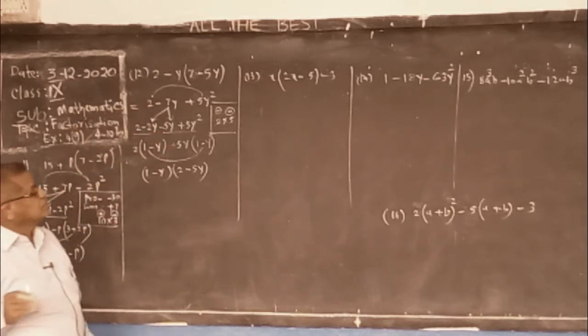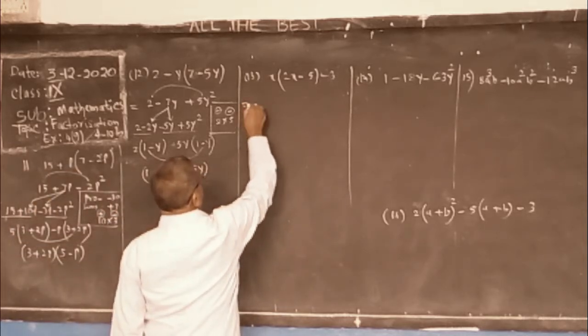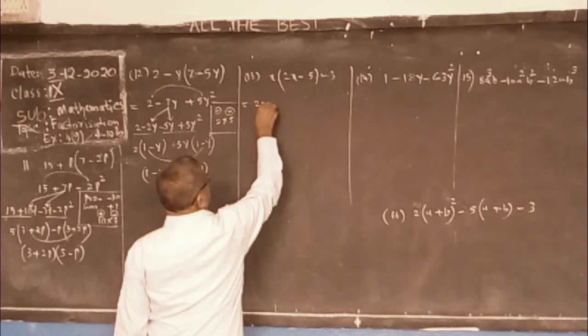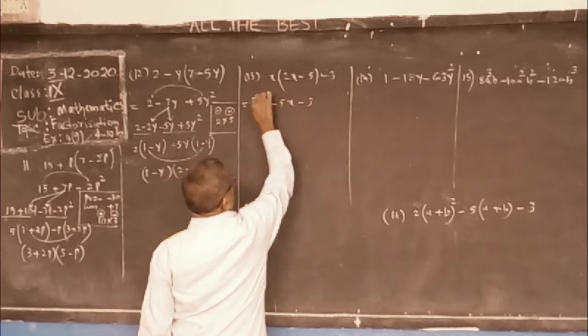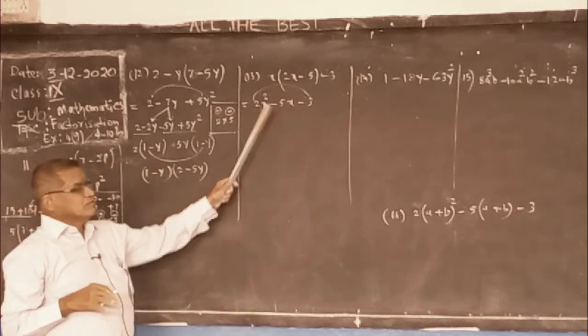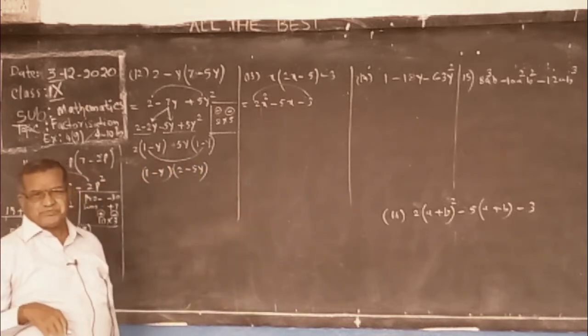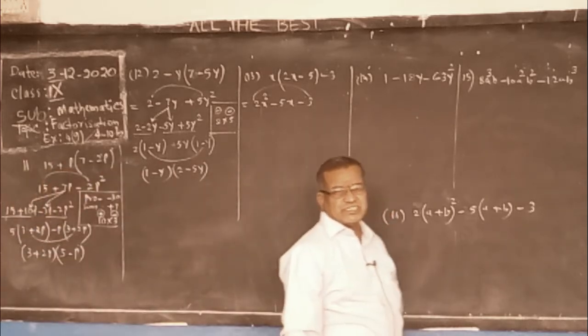Now this is also given in product form. So first multiply: 2x squared minus 5x minus 3. The product is minus 6 and the sum is minus 5. 6 and 1, with 6 minus 1 being 5.